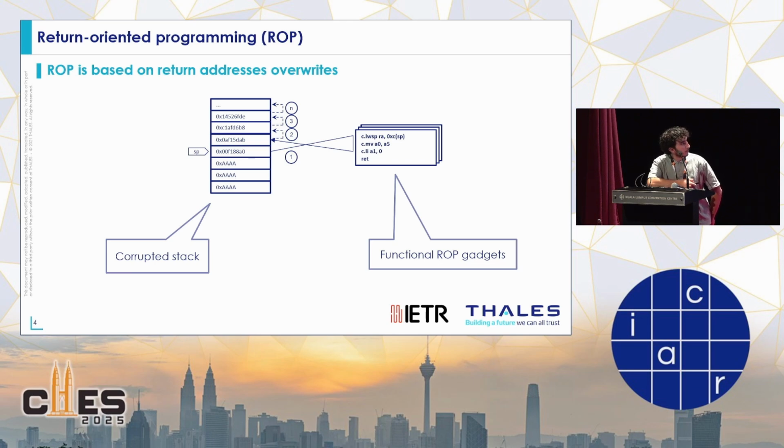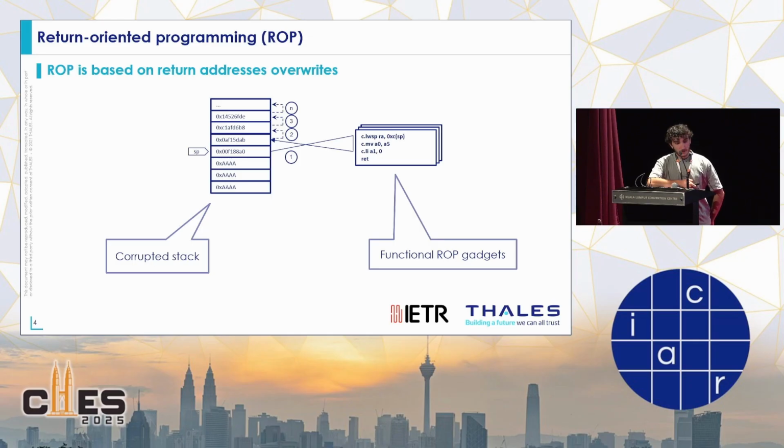And here an example gadget that would be a functional ROP gadget with the different instructions of the gadget and the return instruction that would transfer control to the next gadget. And by chaining all these gadgets, you have your attack.